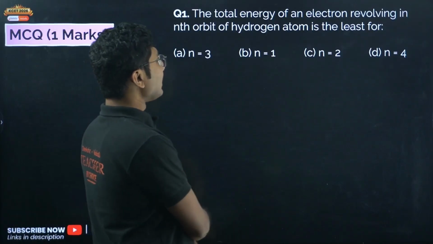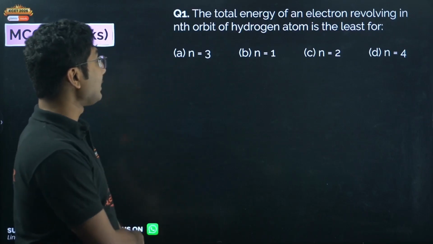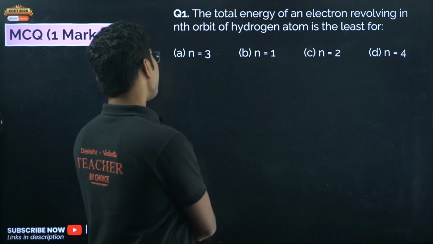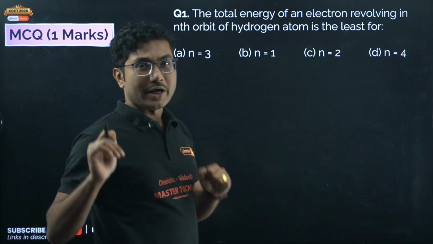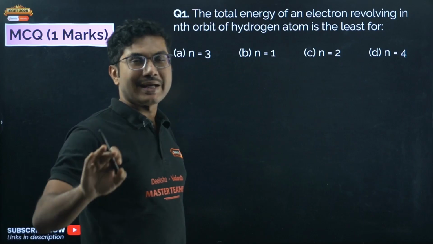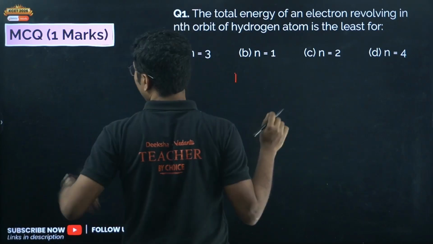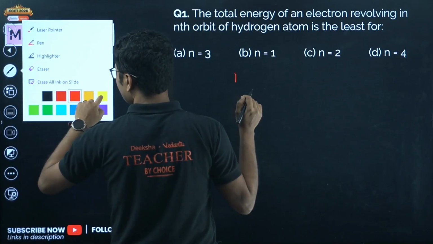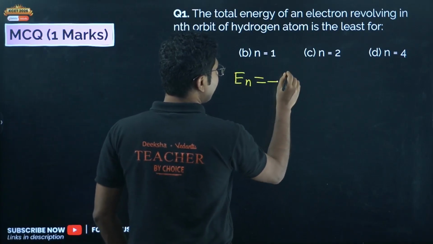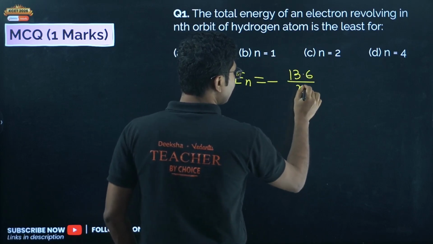The total energy of an electron revolving in nth orbit of hydrogen atom is least for. Total energy is least means it is maximum negative. Total energy of any state is minus 13.6 divided by n square.